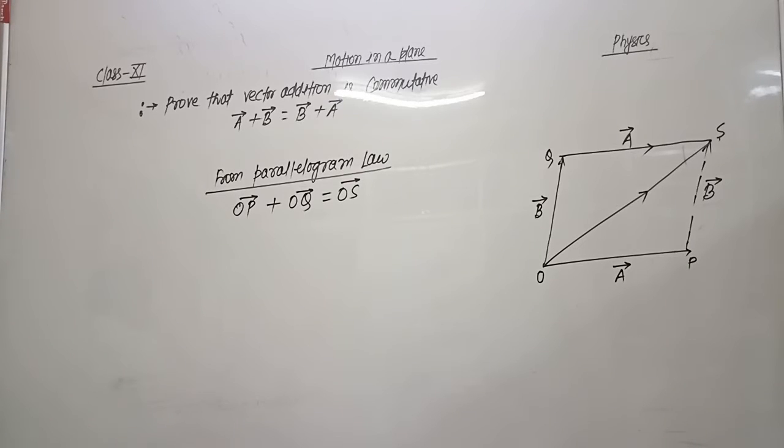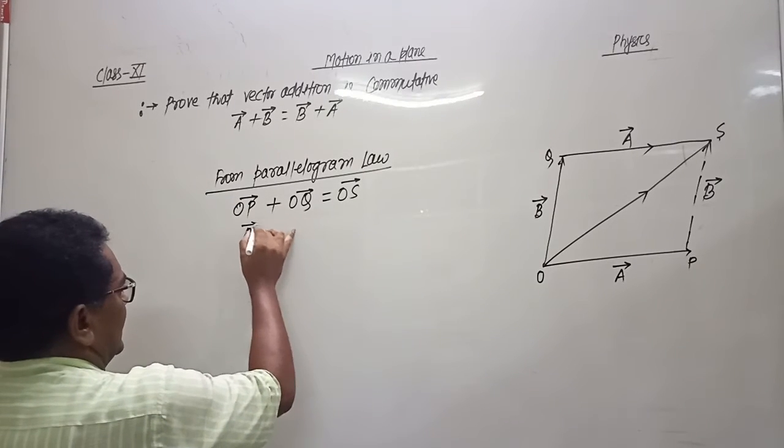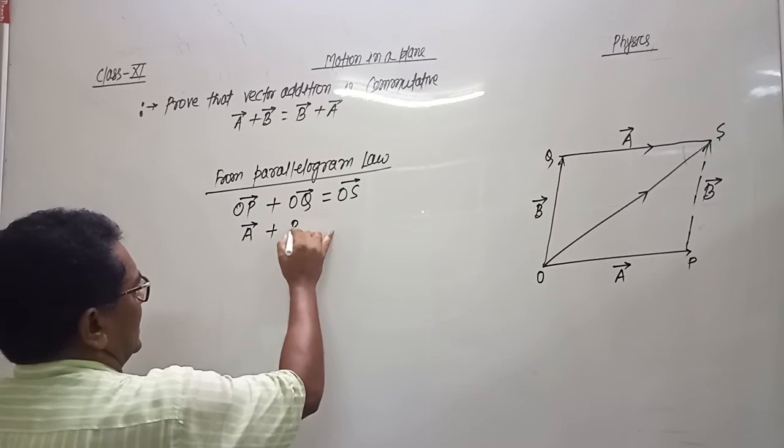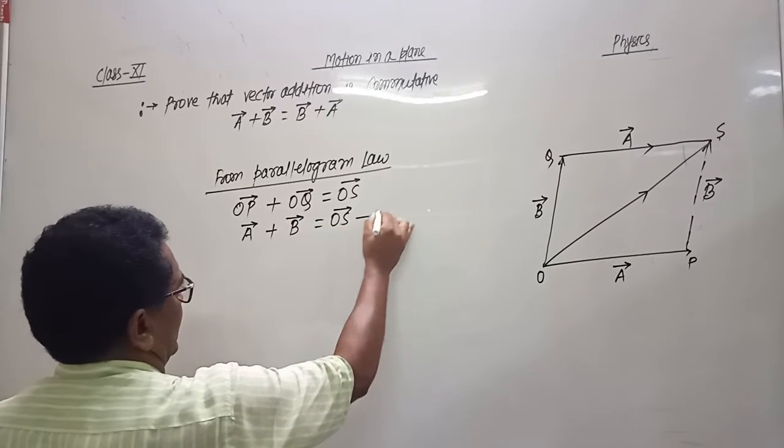And vector OS is the resultant vector. OP vector is vector A, OQ vector is vector B, and this equals OS vector.